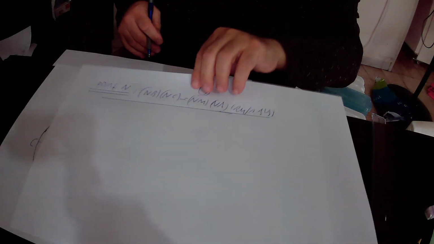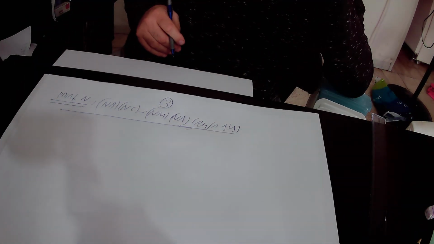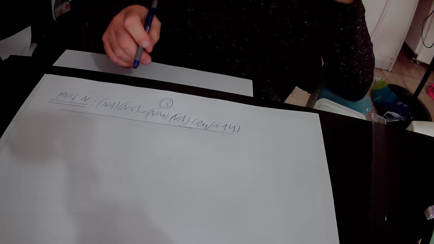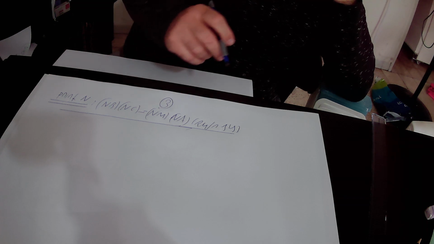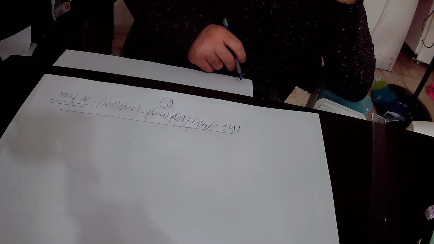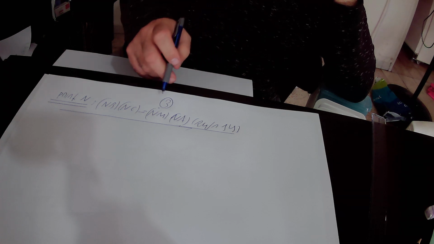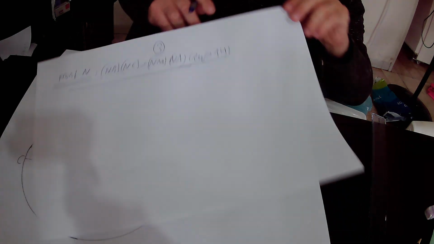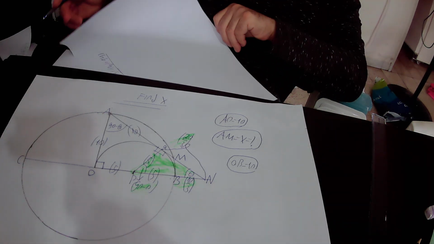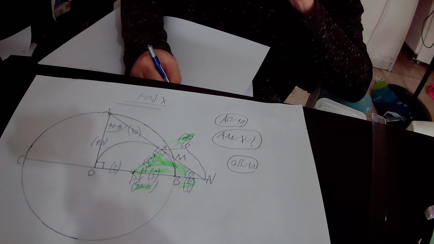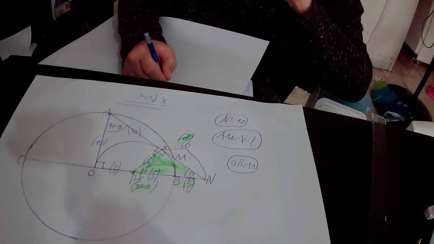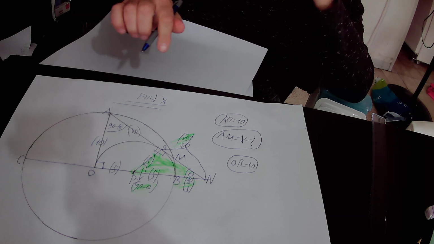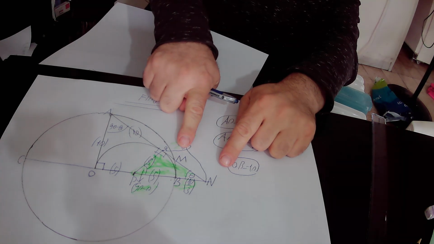According to rule number 14, NB times NC equals NM times NA. So first of all, we have to find out the length of line segment NM. This is line segment NM.